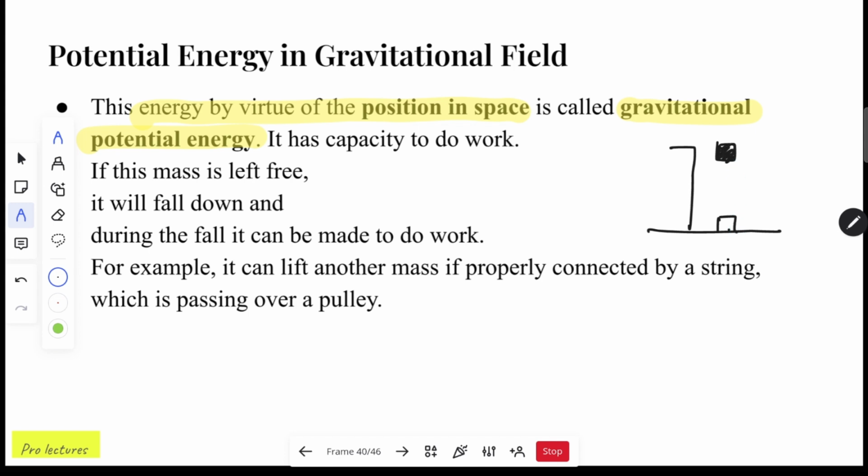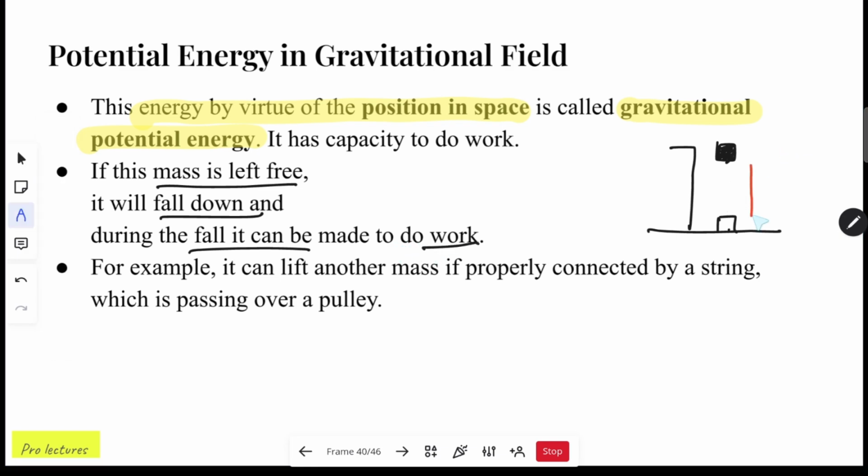When it is here, after it is displaced, it has a capacity to do work. If you release this object, it will move back here. Because it is at some height above the Earth's surface, we call this potential energy. If the mass is left, it will fall down, and during the fall it can do work.